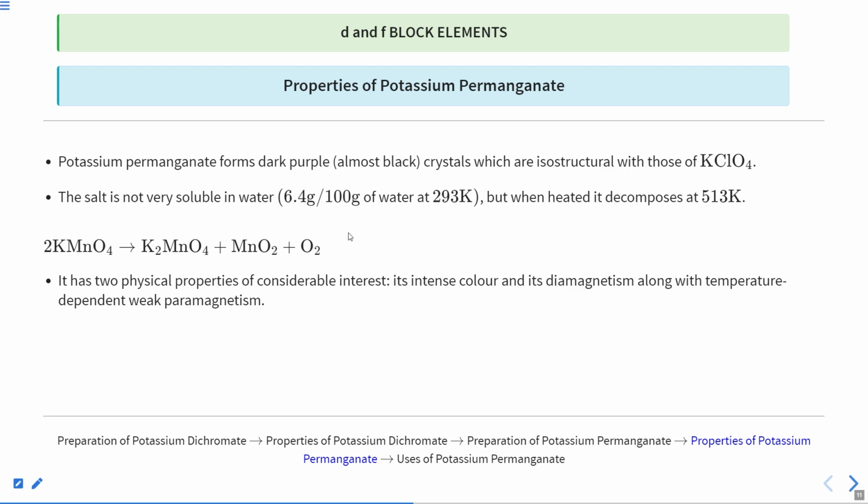Now the salt is not very soluble in water. In each 100 grams of water, we can only dissolve 6.4 grams of potassium permanganate. When heated, it decomposes at 513 Kelvin.